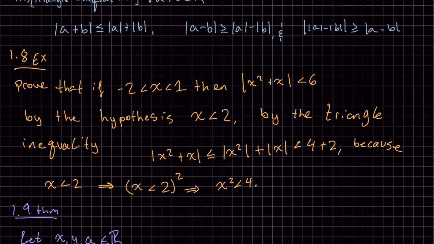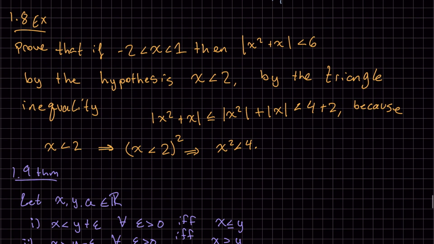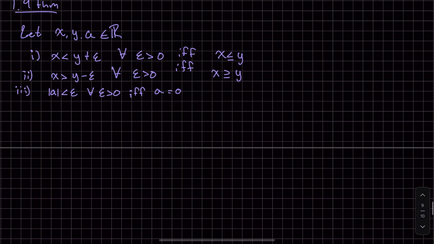So therefore, the absolute value of x squared plus the absolute value of x is strictly less than 4 plus 2, which is equal to 6, which is all greater than the absolute value of x squared plus x because of the triangle inequality.